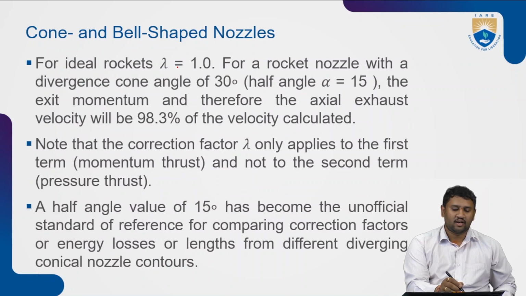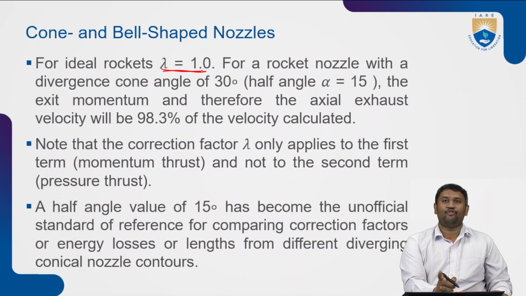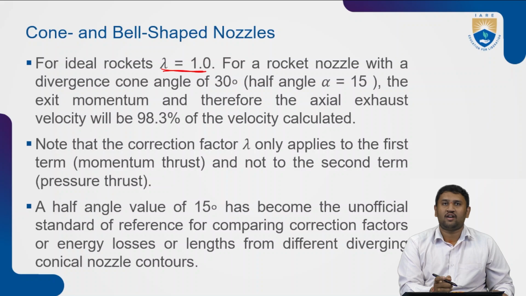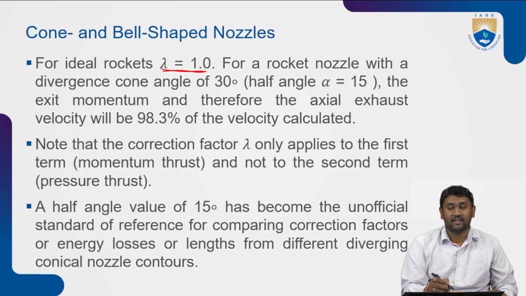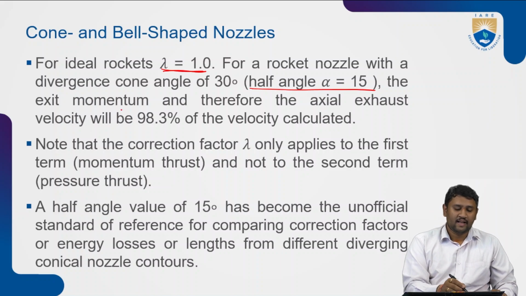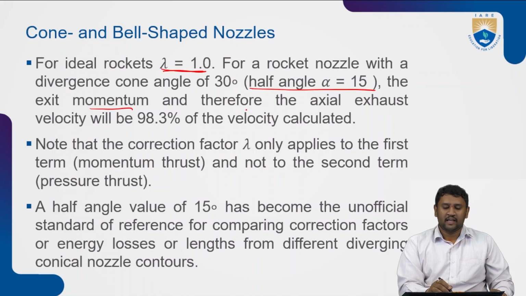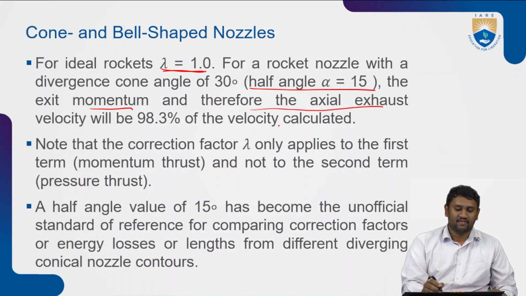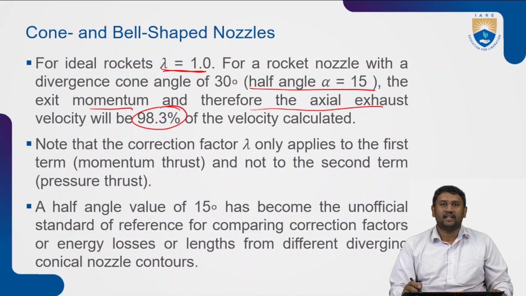Now, for any ideal rocket, the correction factor is 1. And for a rocket with a nozzle with a divergence cone angle of 30 degrees, meaning a half angle alpha of 15 degrees, as we have discussed earlier, the exit momentum, therefore the axial exhaust velocity, will be 98.3% of the velocity calculated.